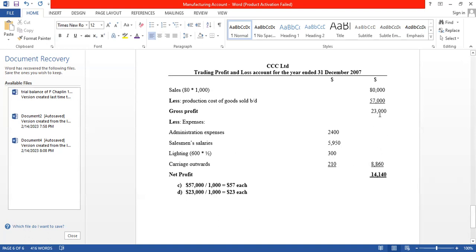That is what you're going to subtract from the $23,000. So what they're saying is gross profit take away expenses equals net profit. See?